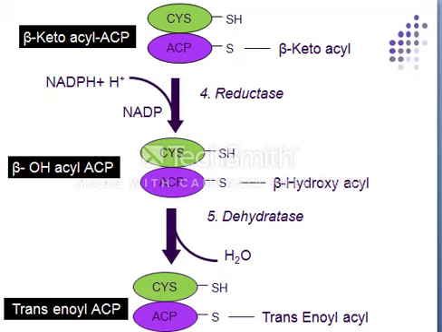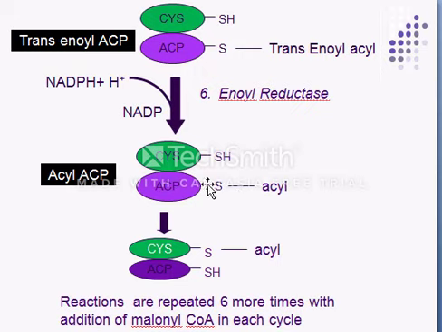Now this forms trans-enoyl ACP. Let's see what happens to this. The second NADPH dependent reduction, catalyzed by enoyl reductase, occurs to produce acyl ACP. The 4 carbon unit attached to the ACP is the butyryl group.